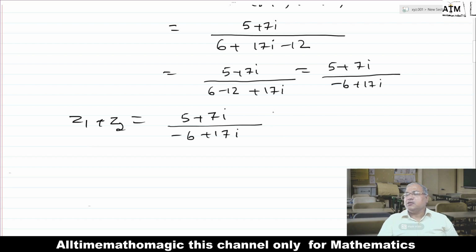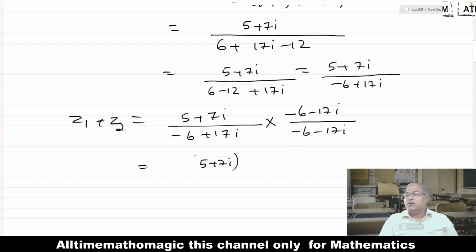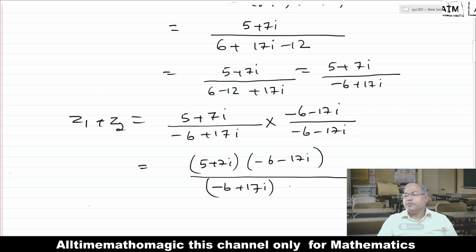Now we rationalize the denominator, that is, multiplying and dividing by the conjugate of the denominator, minus 6 minus 17i upon minus 6 minus 17i. Therefore we get 5 plus 7i and minus 6 minus 17i upon minus 6 plus 17i and minus 6 minus 17i.